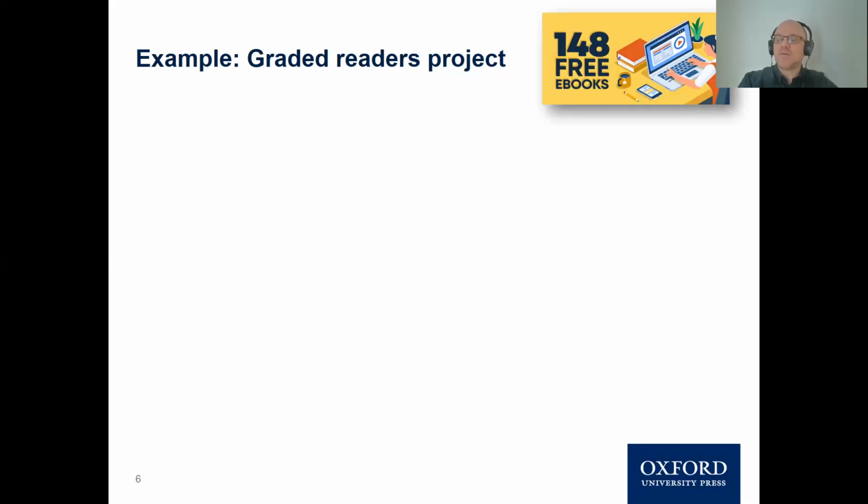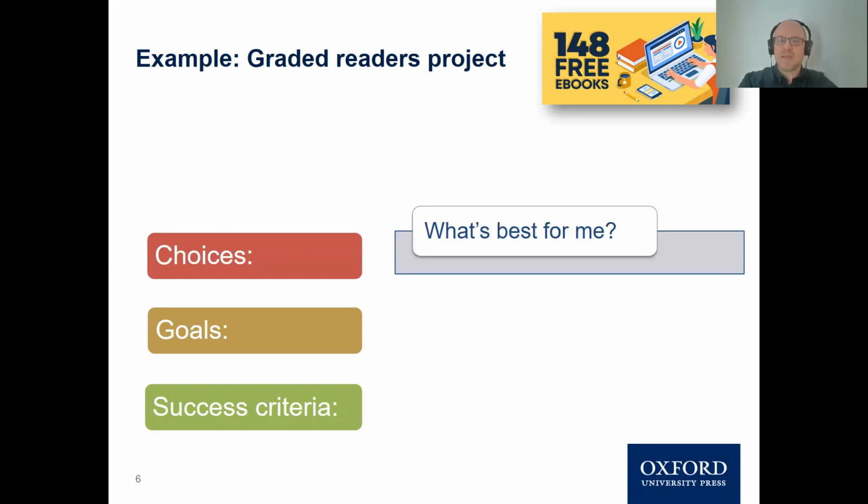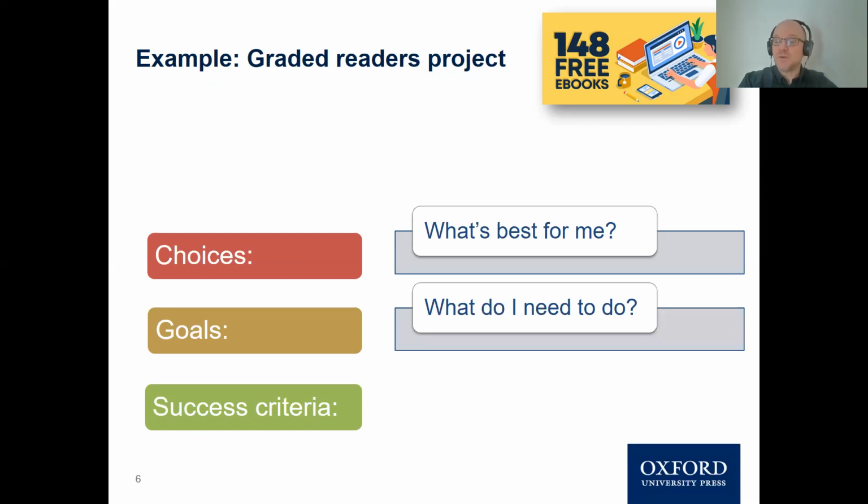Assessing learners' progress is done both by the teacher and the student themselves, and assessment for learning involves the students in every stage of the process. There are choices that need to be made. The students can ask, "What's best for me?" as they choose what to read and why. There are goals. The students ask, "What do I need to do?"